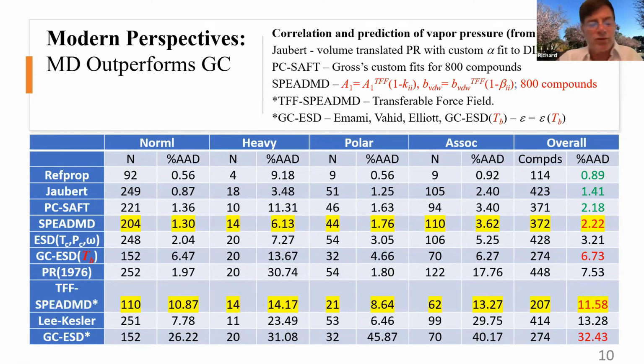I think it was more like 2/3 and 1/3. What we saw is the vapor pressure deviations for the validation set were maybe about 50% higher. So it's true that predicting is harder than correlating. I think that's what you mean.